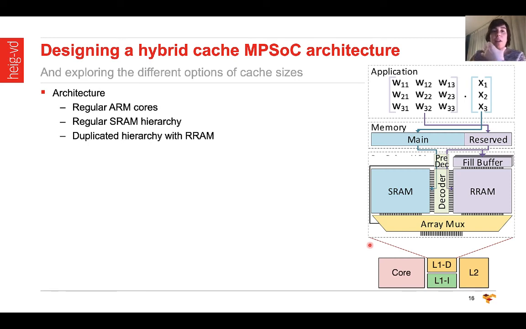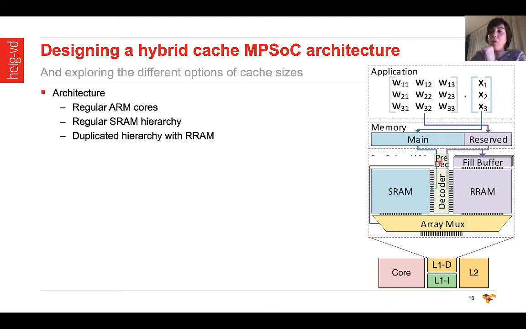So we decided to design a hybrid cache from the computer architecture perspective. We'll put regular ARM cores, a regular SRAM hierarchy, but we will duplicate the hierarchy to have a resistive RAM next to our regular SRAM, like what you can see in the image.